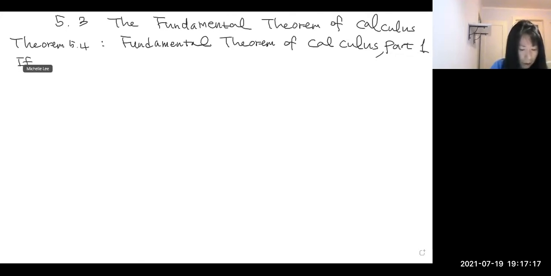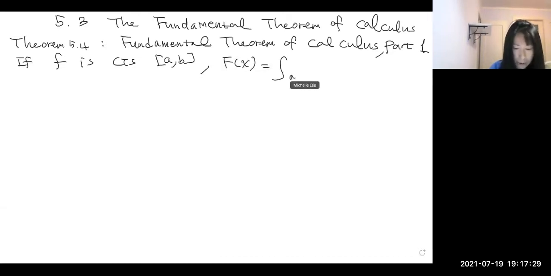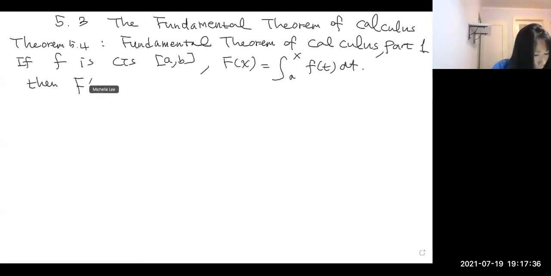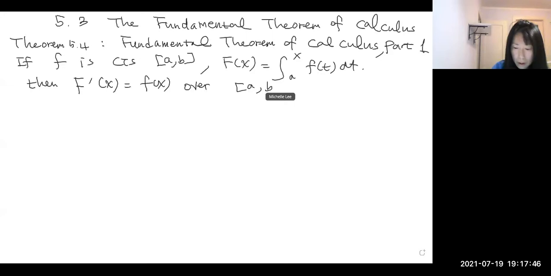If f is continuous on a closed interval, and we have a function F of x equal to the integral from a to x of f of t dt, then the capital F prime of x equals f of x over the closed interval. Okay. All right. So this is very easy.